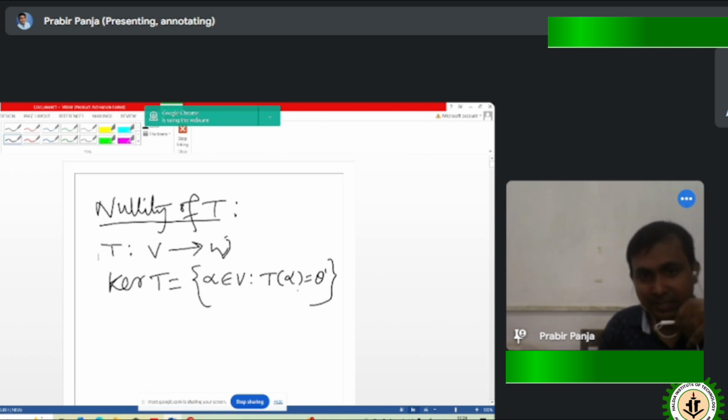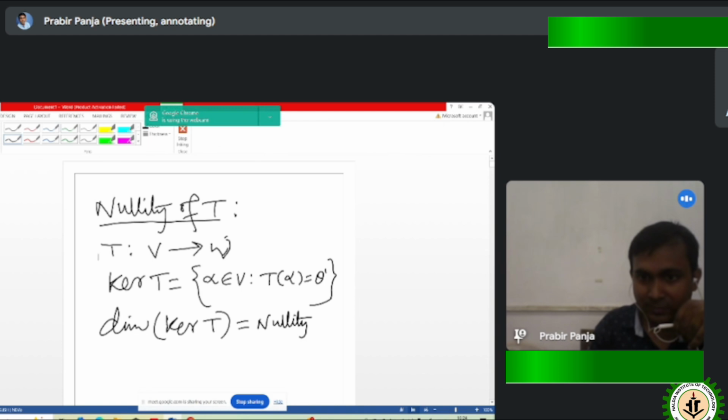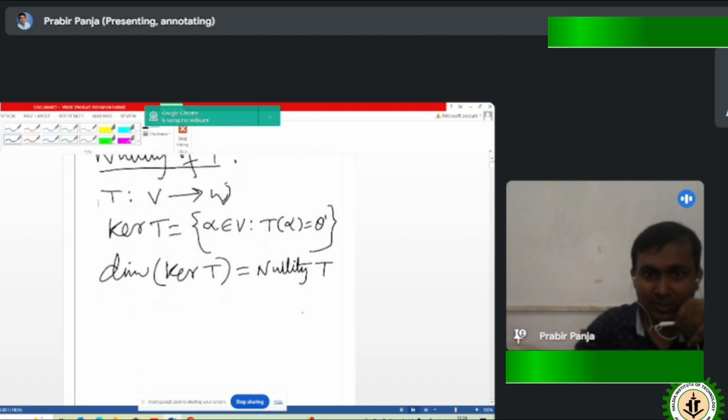So that collection is the kernel of T. If we take the dimension of the kernel of T, that will give us the nullity of T. So if we want to compute the nullity of any linear transformation, first we have to compute the kernel of T, then the dimension of the kernel of T will give you the nullity of the transformation T.